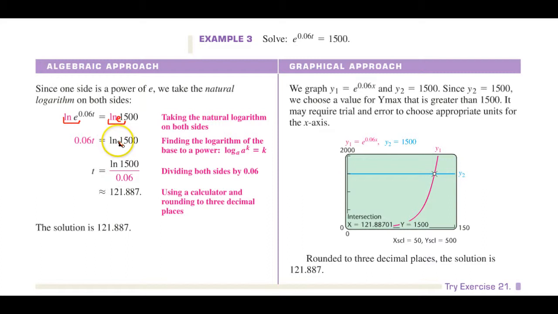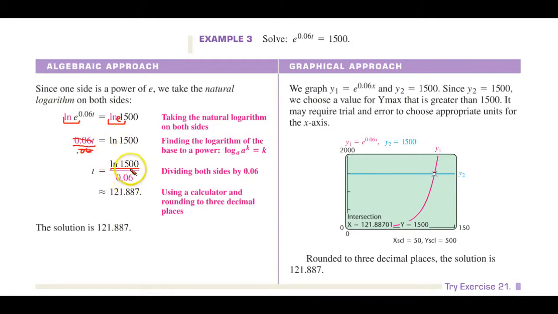Now, what is the natural logarithm of this? Well, your calculator is going to tell you that. And in order to get t by itself, you're going to divide both sides here by 0.06. 0.06, they just cancel out there.